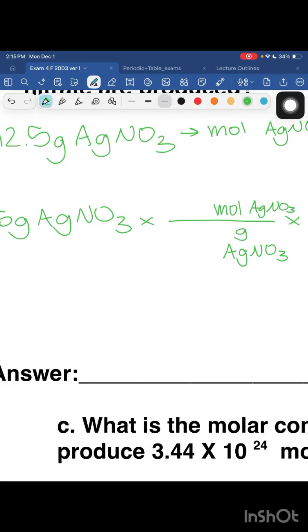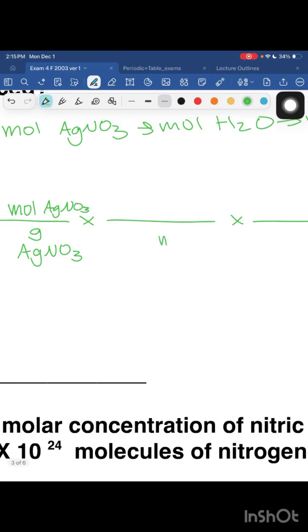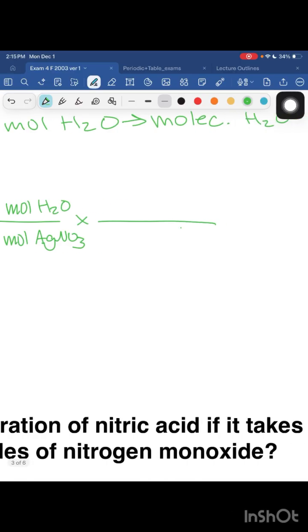And then we go mole AgNO3 to moles of water. And then finally, moles of H2O to molecules of H2O.